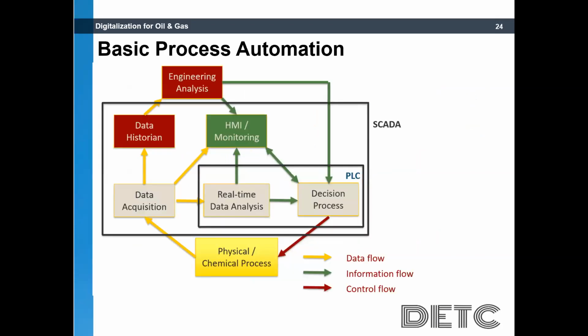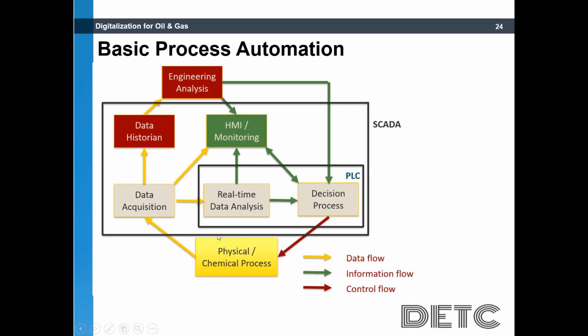This is the basic process automation, where we are basically having control through supervisory control and data acquisition. And this is done through human machine monitoring, where we monitor these machines to allow for decision processes of the physical and chemical processes that we are after.